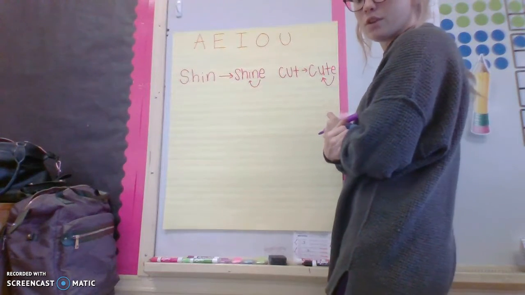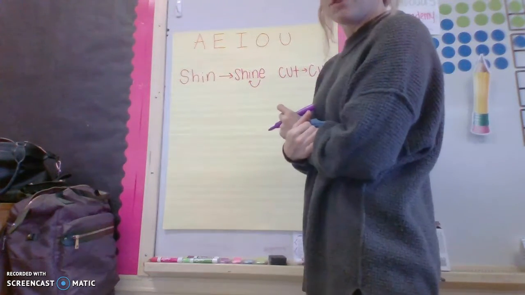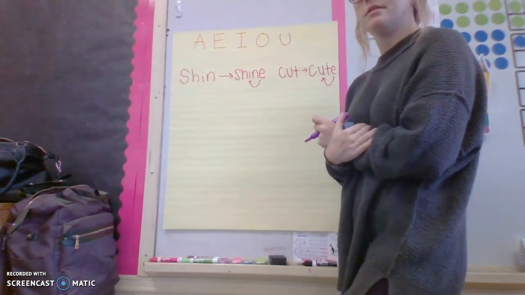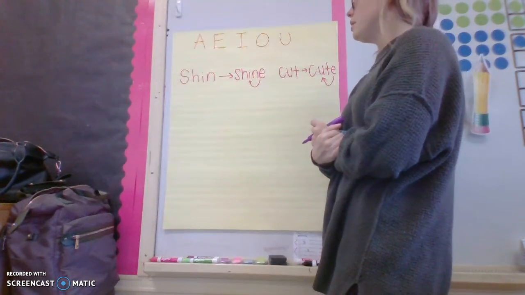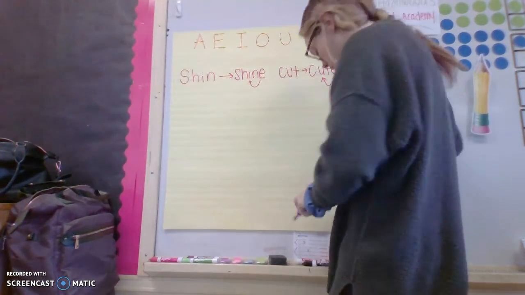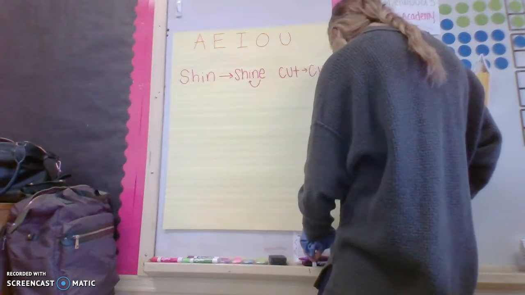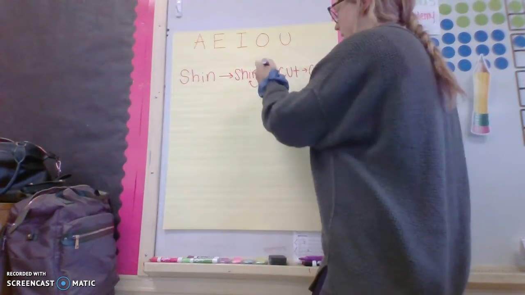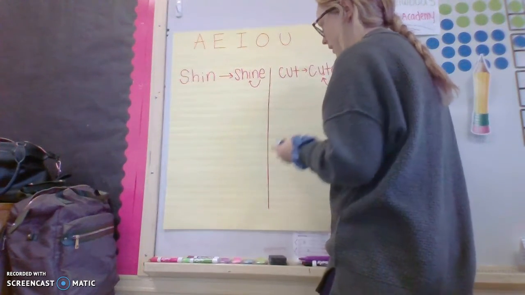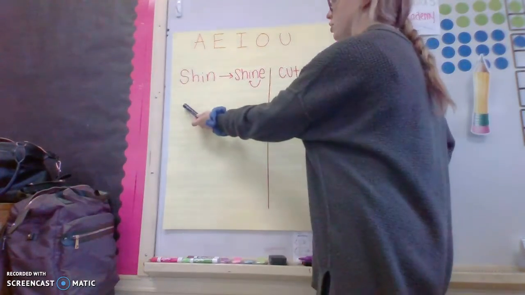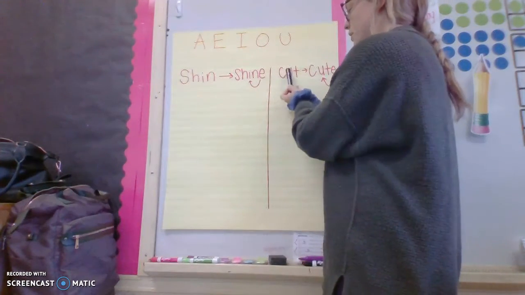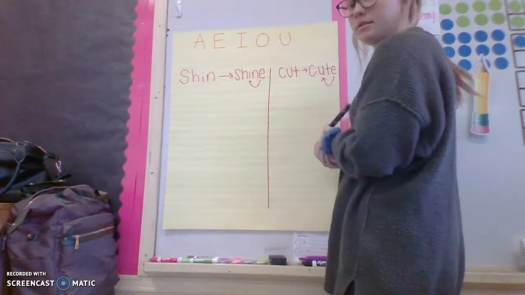Let's do a few more. What about the word pin? The word pin. If I draw a line down the middle of this chart, let's think about that word pin and how it's going to change when I add that silent E. Where would the word pin go? Would it go with shin or with the side that says cut?